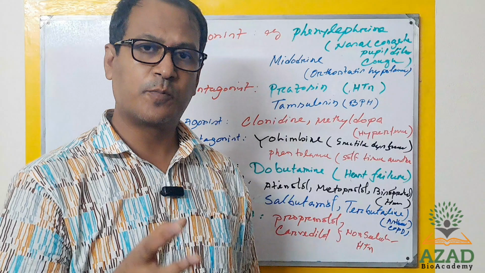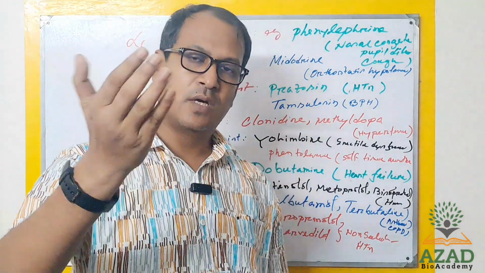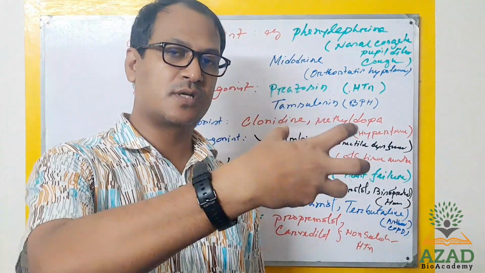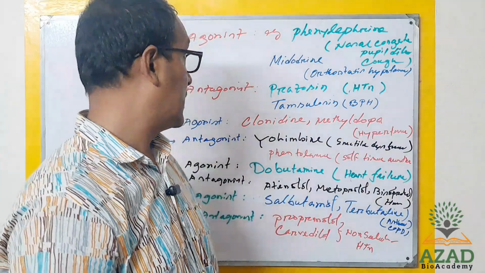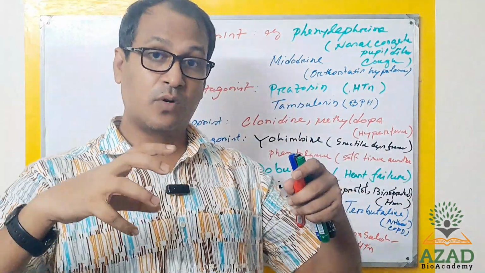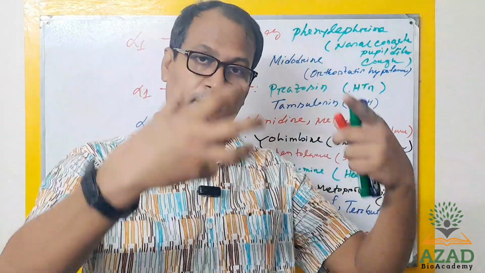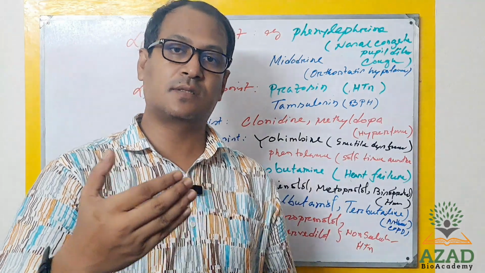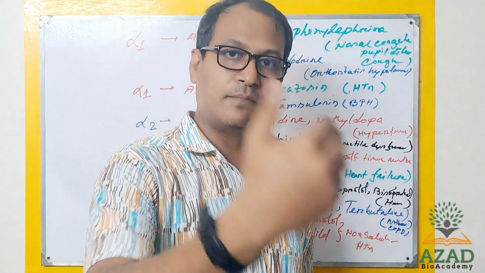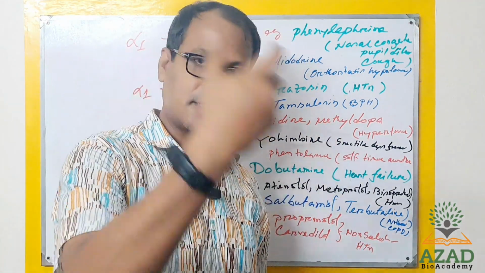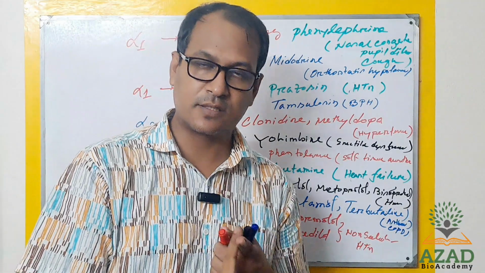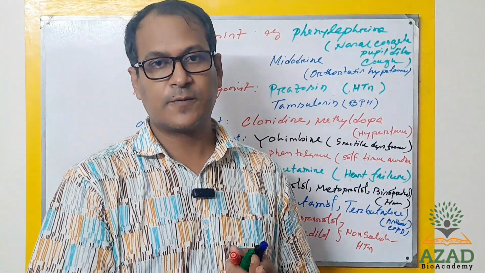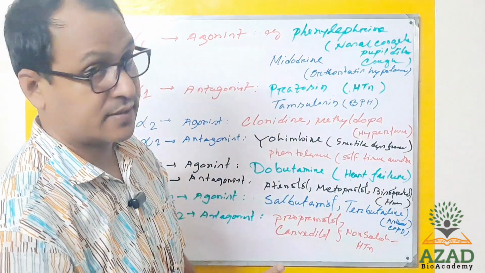Okay, so please try to understand the location and major function of the alpha 1. Already I said, in sympathetic pathway, alpha 1 is one of the prime modulator for sympathetic function. So it has major role for vasoconstriction. So in that way, that drug can be used.